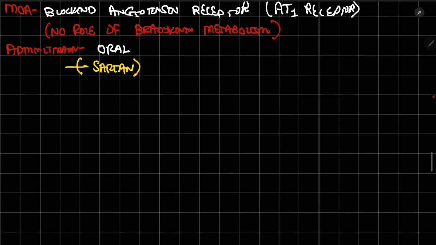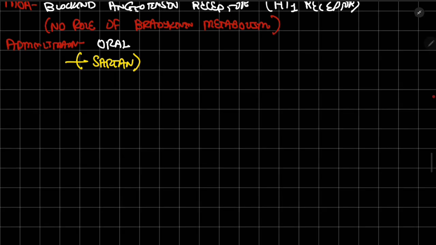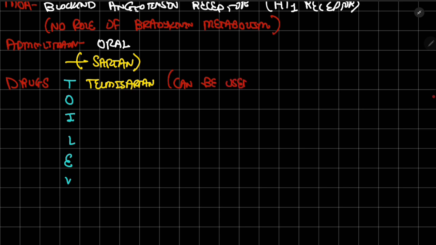Now we have the names of the drugs. The names have a mnemonic: Times of India, LEV. So telmisartan is the most frequently used drug, and it can be used when the patient is associated with comorbidities.